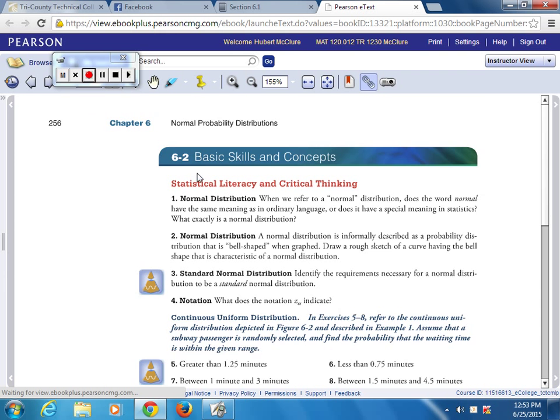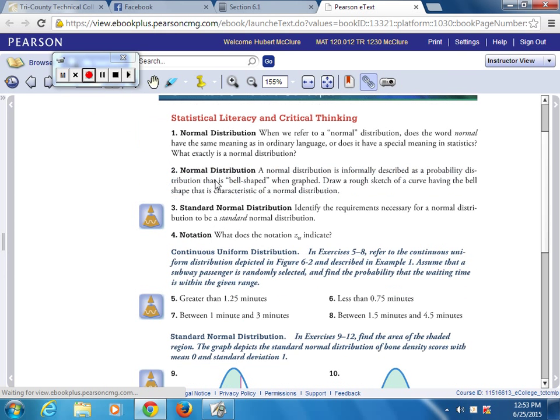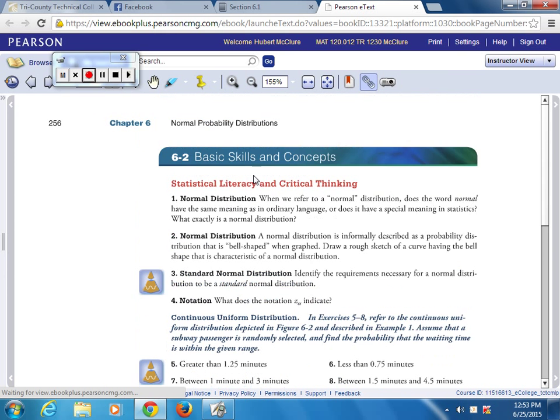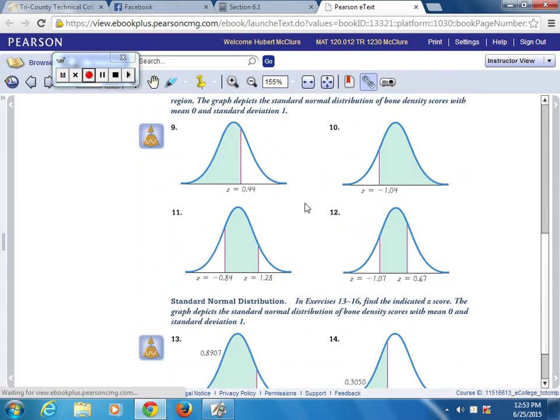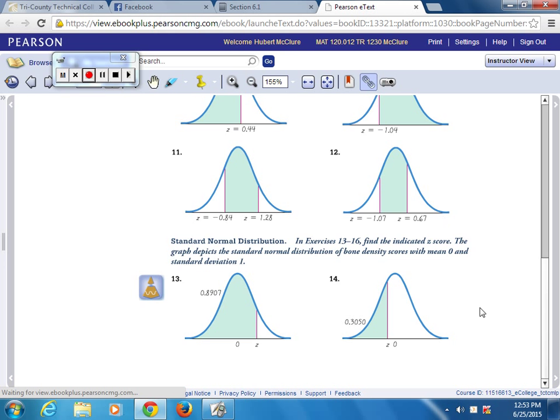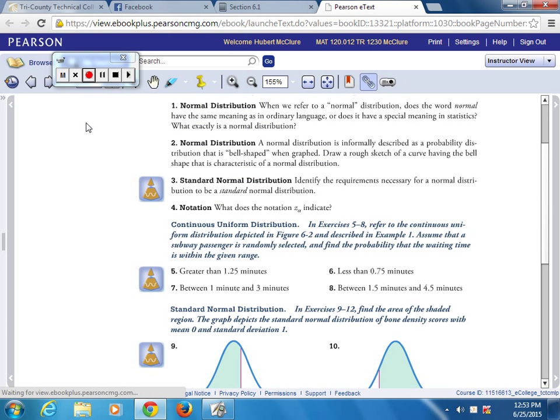That's 6.2. Yeah, 6.2, that's right. Okay, maybe I missed something.